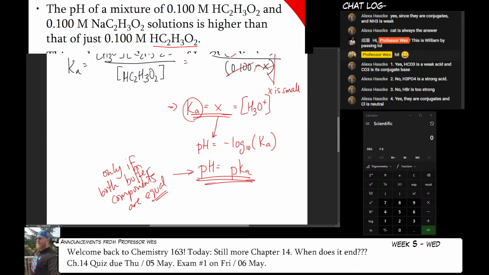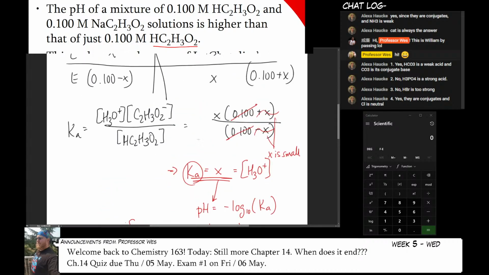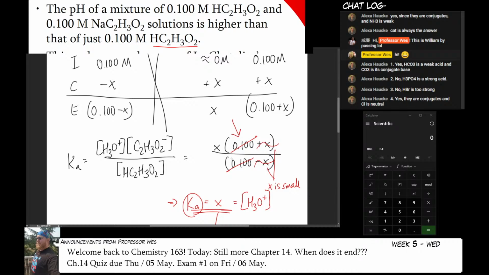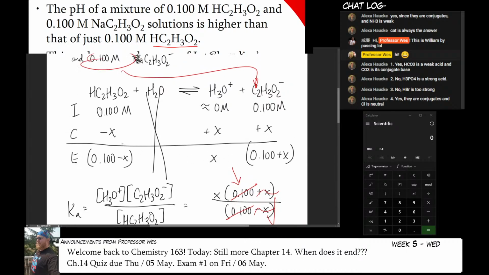Now, if I were to change these numbers, then I can't do this step right here, right? So if I cancel these two numbers out, I get x equals Ka, which is how I get pH equals pKa. So these do have to be the same concentration. But if I change these other numbers in any direction at all, I will get a slightly different pH.